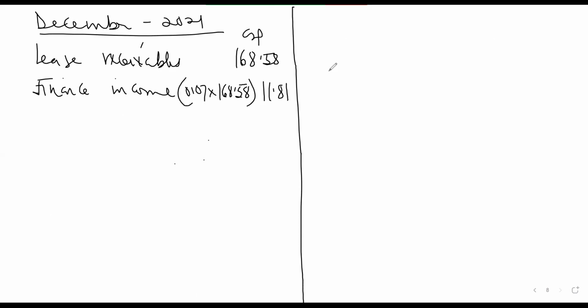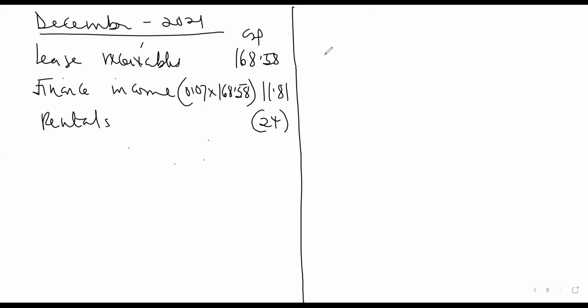11.81. Okay. Would there be any rentals at the end of December? Yes. It's 11.80. Are these people going to be paying any rentals? Are we going to be receiving any rentals? There should be rentals. So the rentals will be paid. The second one will be paid at the end of December.